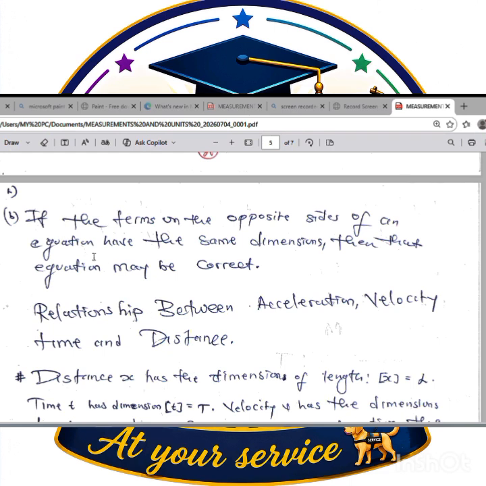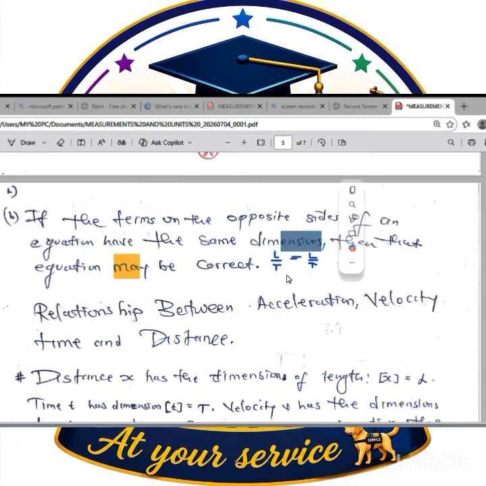For example, in situations where you have this thing which is showing here, on one side you have L over T, and on the other side you also have L over T. Then for the given equation, we can conclude that it may be correct. It may be dimensionally correct.